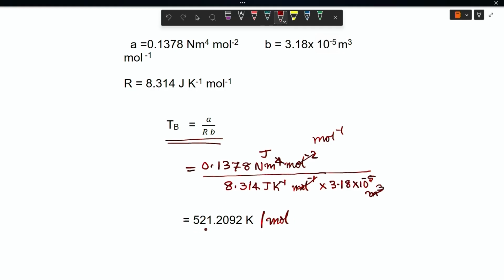Solving that, we will get 521.2092 Kelvin.